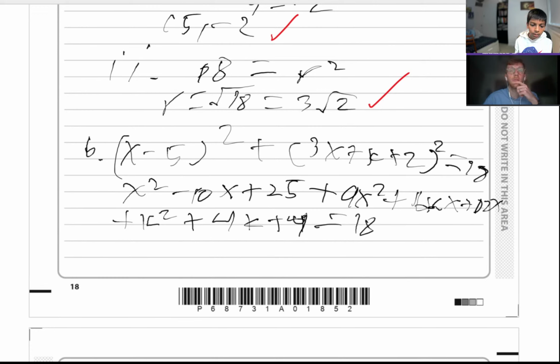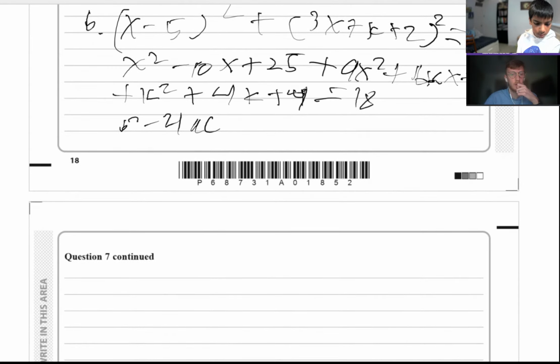Yep. So then what we can do is just find the determinant. It's b squared minus 4ac, so we should move on to the next page.